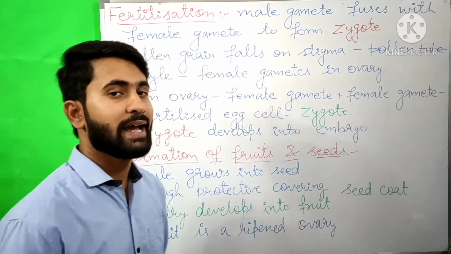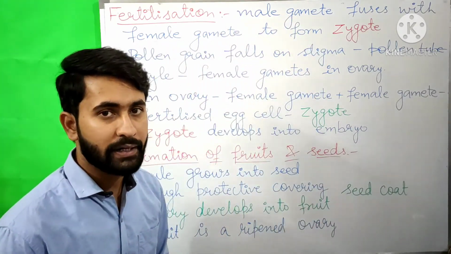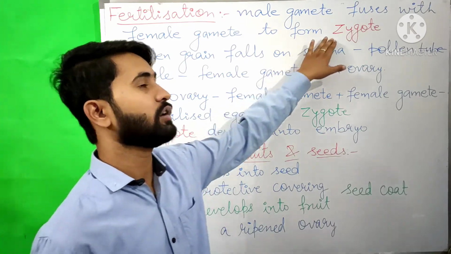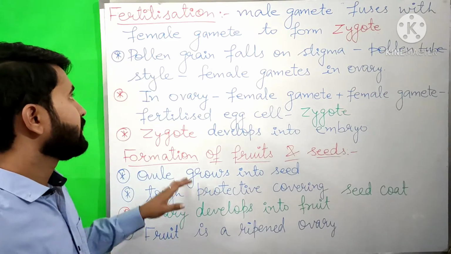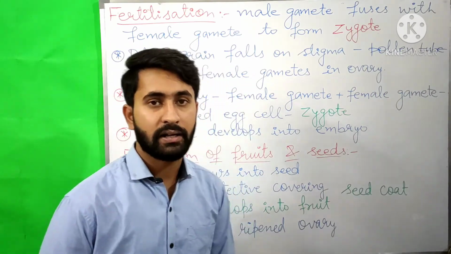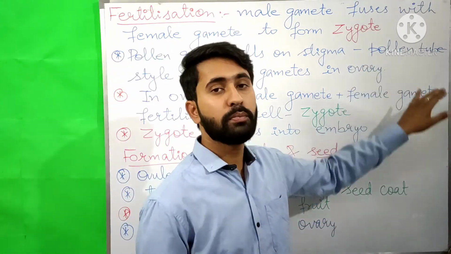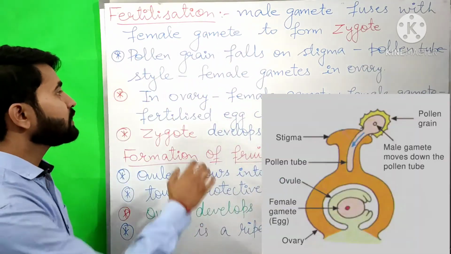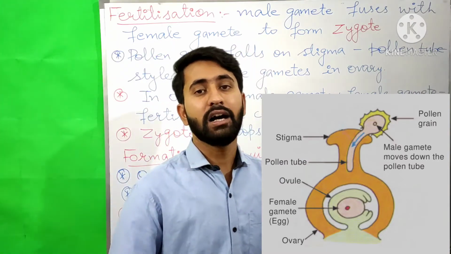Or we can say that the fusion of male gamete with the female gamete to form zygote is known as fertilization. When a pollen grain falls on the stigma, the pollen grain grows a pollen tube downwards through the style towards the female gametes in the ovary.